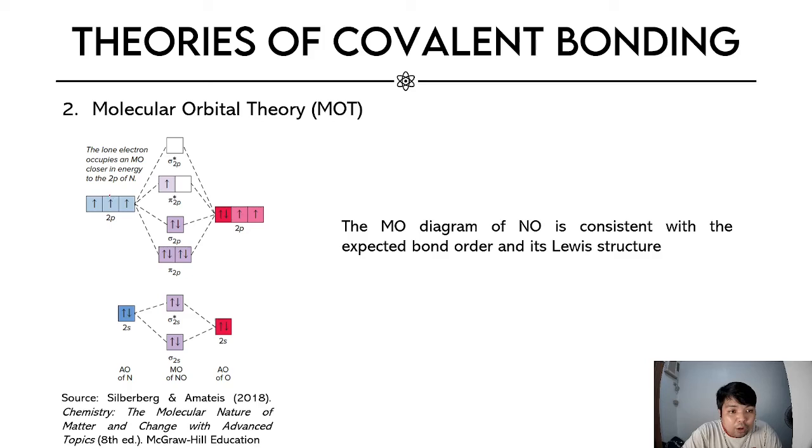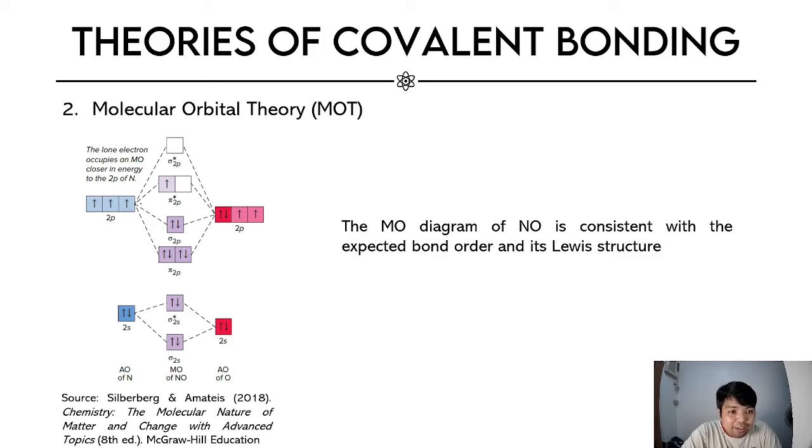So in the 2p side, when they form molecular orbitals, since the sigma 2p is higher in energy than pi 2p, it will have a more even distribution of contribution from each of the 2p orbitals from nitrogen and oxygen respectively.